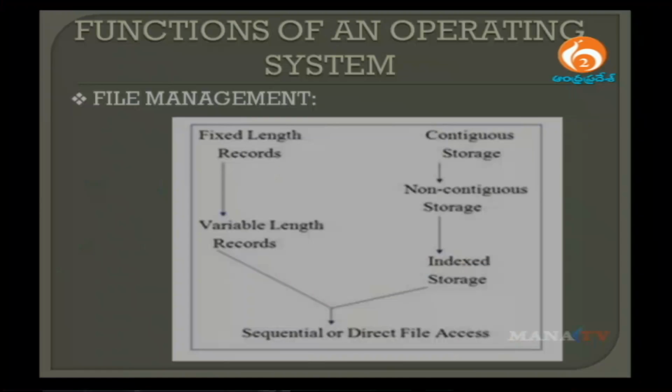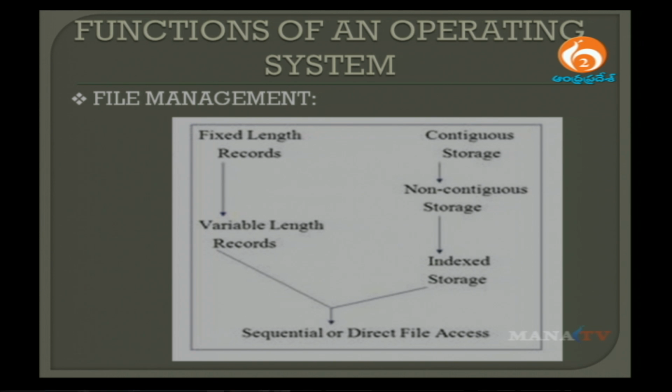Now let us see a basic flow chart of the file management. Let us show the slide. We have a flow chart here where fixed length records lead to variable length records, and from there we have sequential or direct file access.